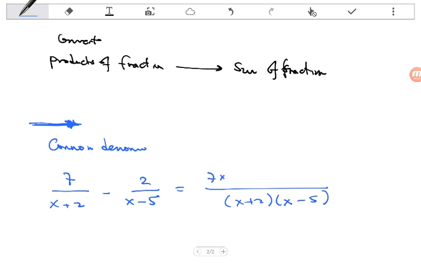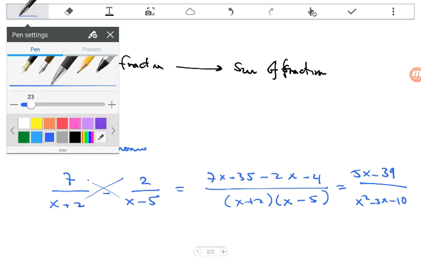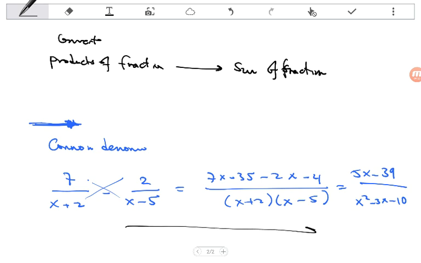And this will be 7x minus 35. And this will be minus 2x minus 4. So the result will be 5x minus 39 over x squared minus 3x minus 10. This is making common denominator.